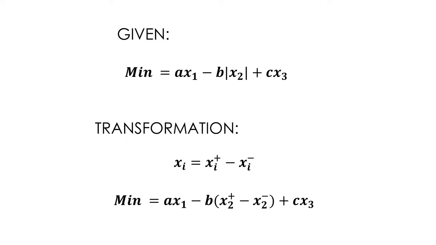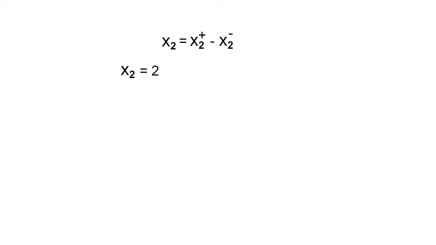The transformation that we will be using is transforming x2 into x2 plus minus x2 minus. With this transformation, we are able to denote the value of x2, whether it is positive or negative. For example, if the actual value of x2 is equal to 2, x2 is equal to 2 minus 0, so x2 plus will take on the value of 2 and x2 minus will take on the value of 0.